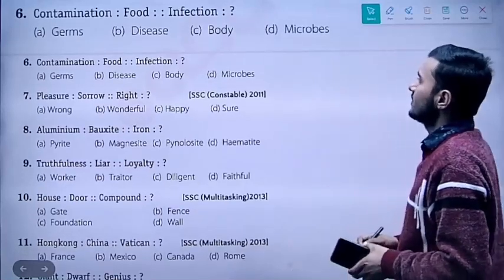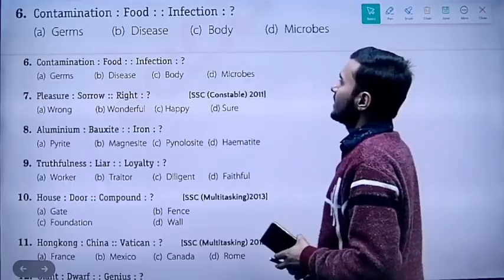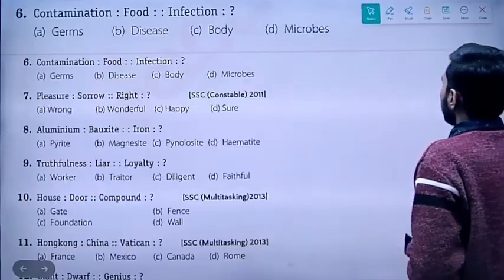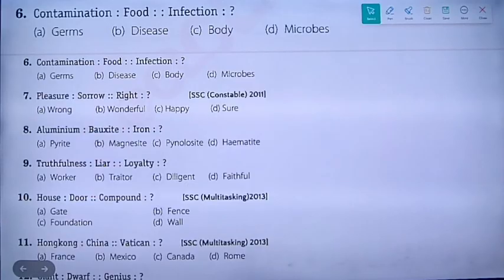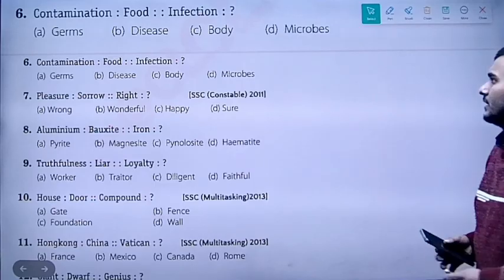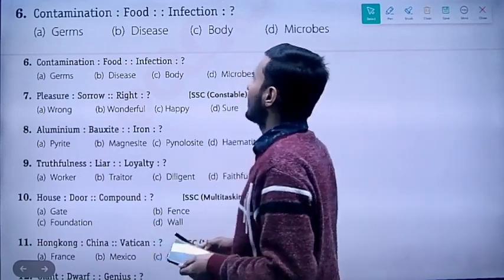Next question, question number 6, is contamination is equal to food, then infection is equal to what? Option A germs, option B disease, option C body, option D microbes. See, in question number 6, this is also easy because food gets affected by contamination.